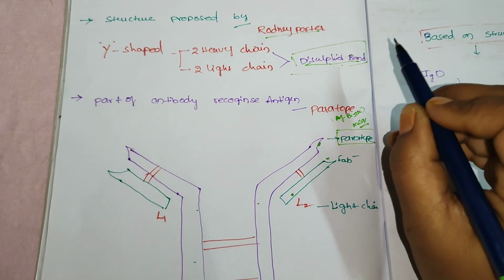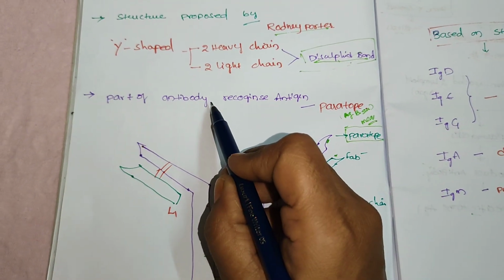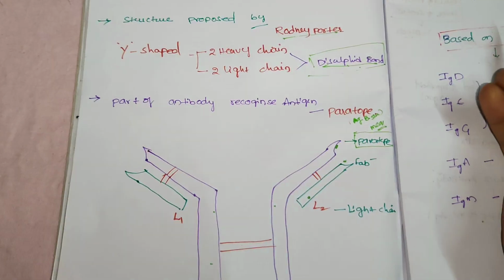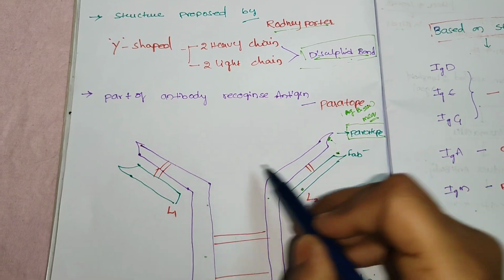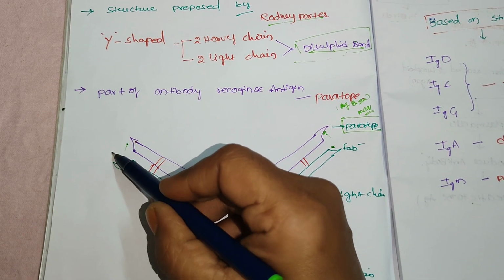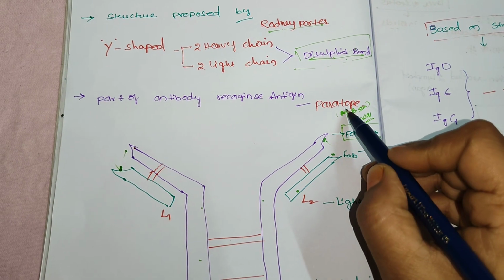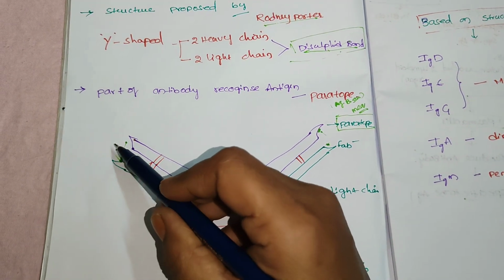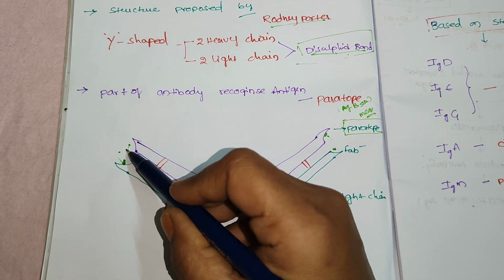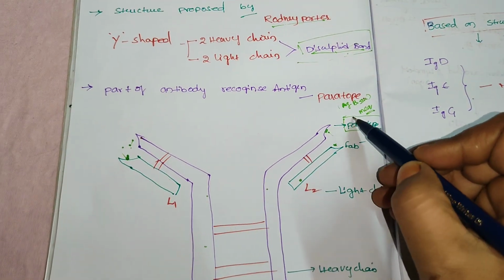Epitope is the part of the antigen, while the part of the antibody that recognizes the antigen is the paratope. This is the place to fix the antigen. So how can we define the paratope? It is the antigen binding site, the part of the antibody.